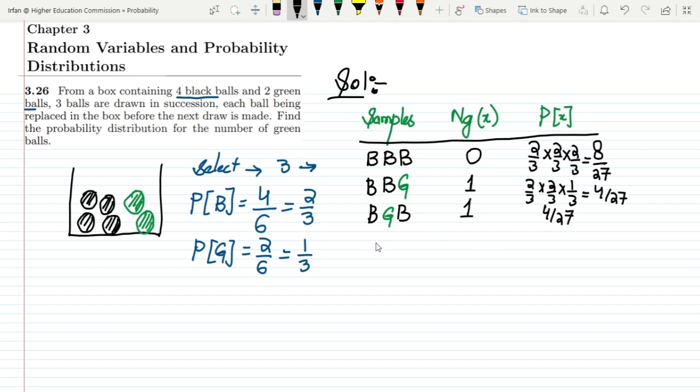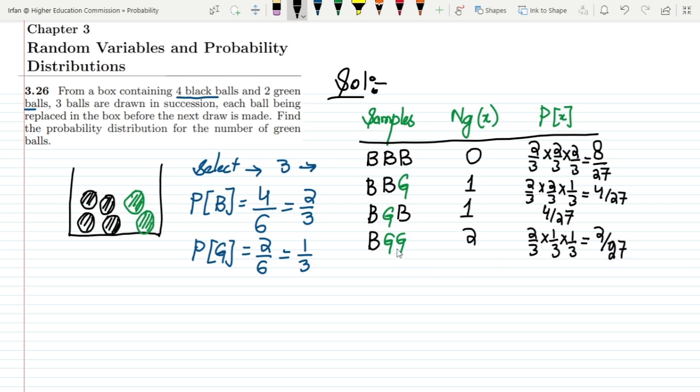Okay, similarly for the last one in this combination I will have one black and two greens, black, green and green. Okay, so now the number of green balls is 2, and by finding them out I will have 2 by 3 multiplied by the probability of green which is 1 by 3, and the last one here is 1 by 3, and here we will have 2 divided by 27.